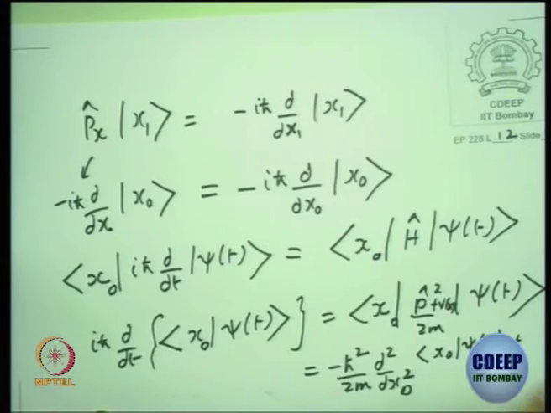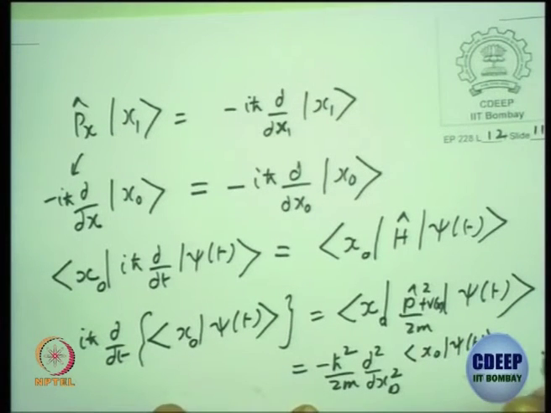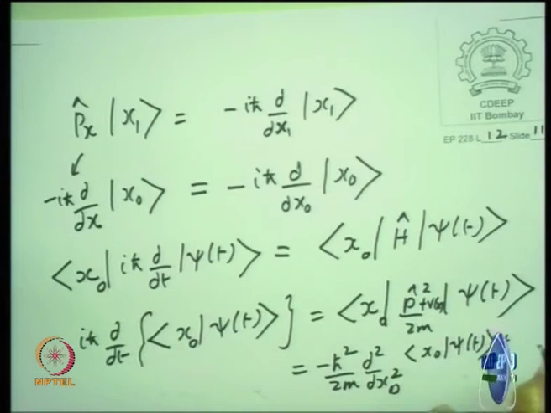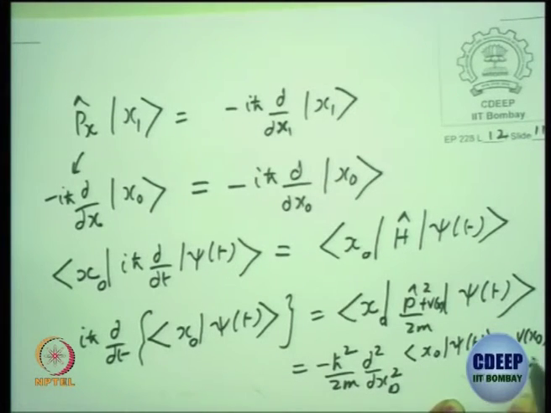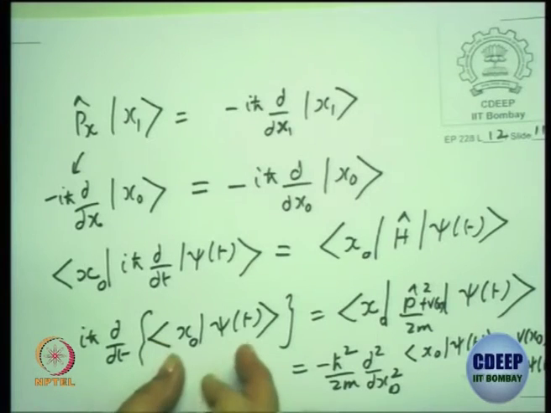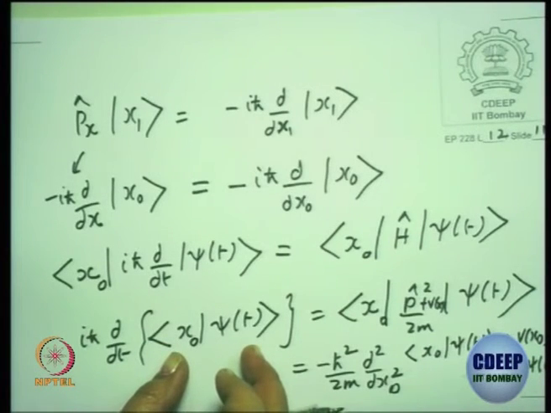plus this term V of x. V of x will give you V of x0, which will be a number multiplying x0 with psi of t. So what is this x0 with psi of t? That's the wave function.